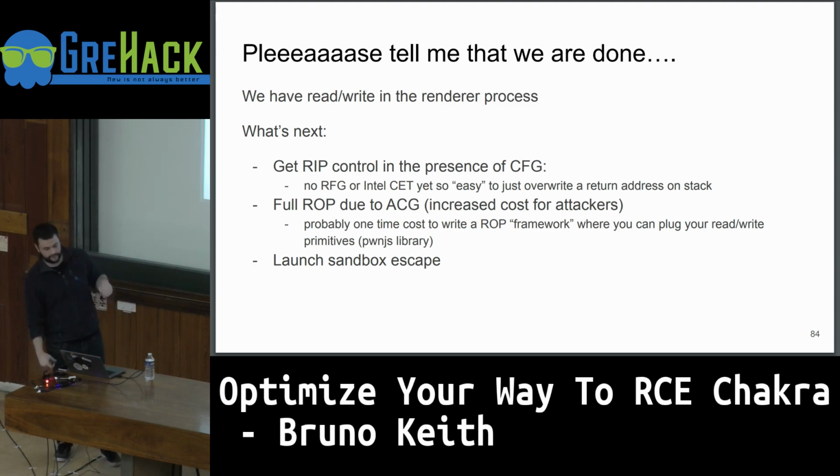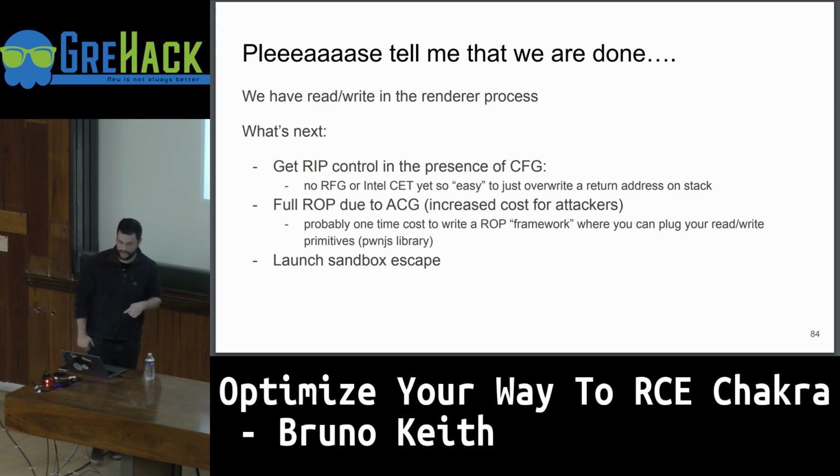We assume that we have read-write in the renderer process, and still we're very far from being done. What's next? We need to get control of the instruction pointer in the presence of Control Flow Guard. There's no Return Flow Guard anymore, and there's no Intel CET, the shadow stack hardware mechanism, yet at the moment. So it's relatively easy to just overwrite a return address on the stack.